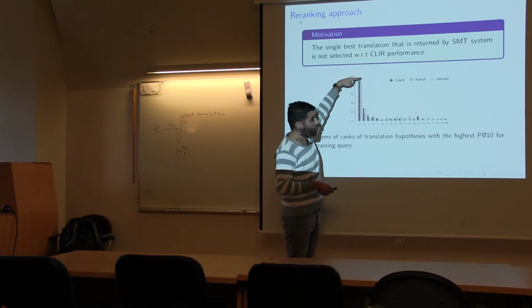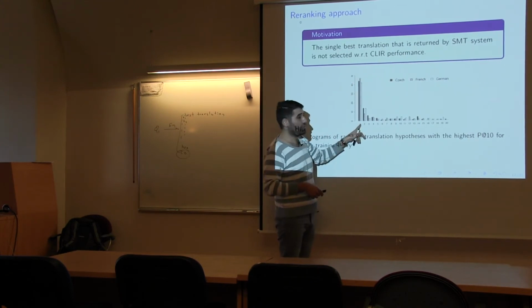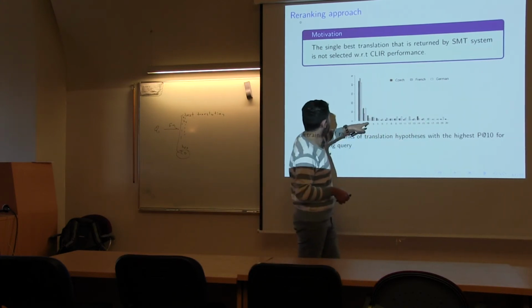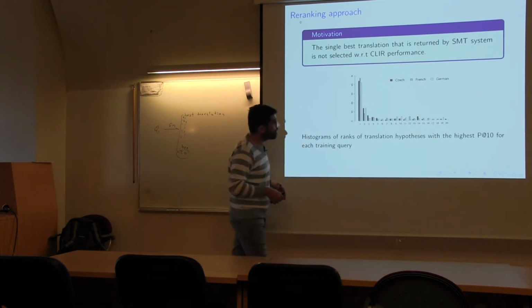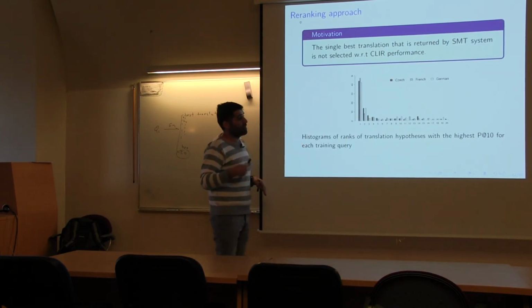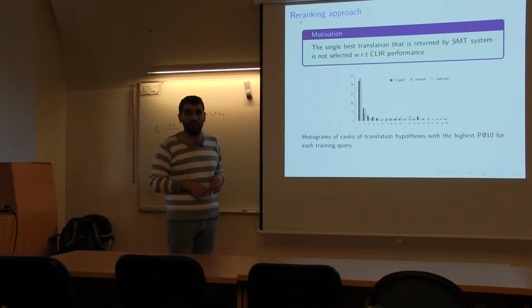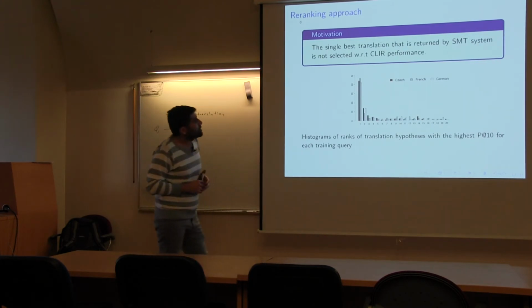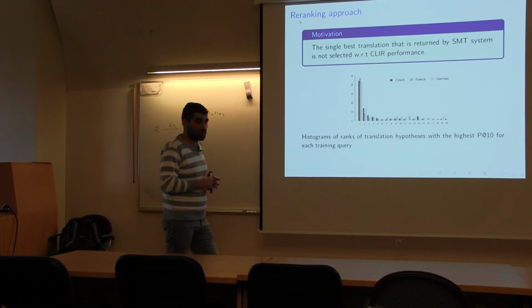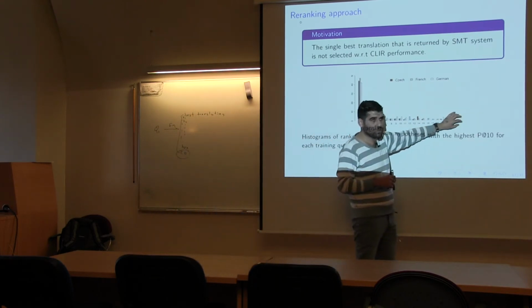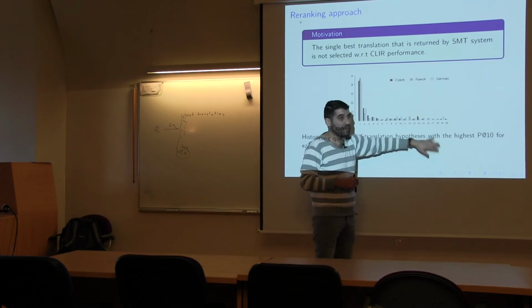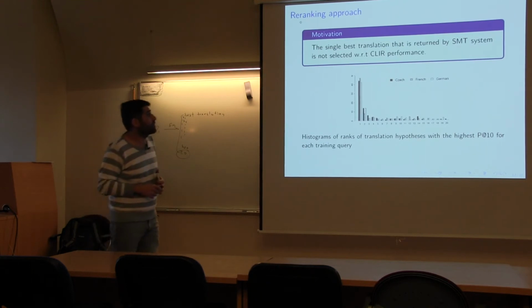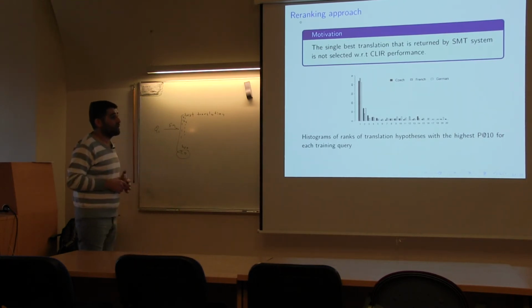In 50 cases, we got the highest P at 10 by using only the best translation, which means that in 50% of our queries, we couldn't achieve the best P at 10 because we are looking only at the best translation. So here was our motivation to look more into this problem. We are interested in choosing, from these translations, the best one to give better results for cross-lingual IR, not for human reading.